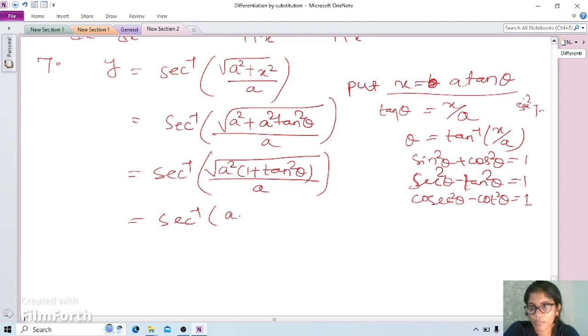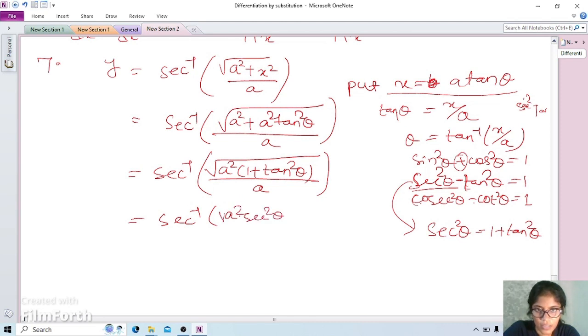Sine inverse 2t by t square minus 1, divided by t square. Put t is equal to sec theta. That implies theta is equal to sec inverse t.